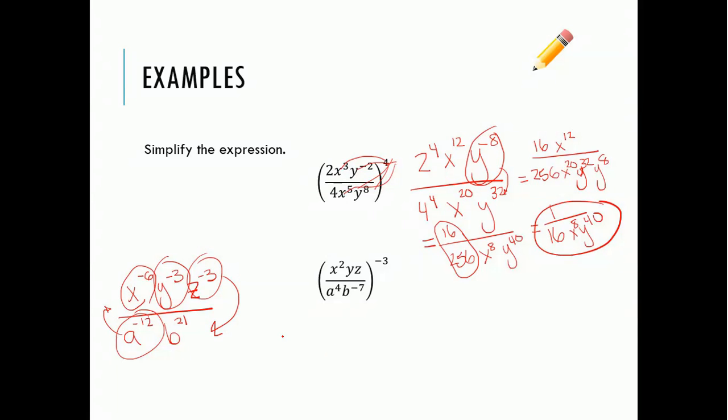All three of these guys are going to go to the bottom. So I'm going to be left with a to the 12th up there, right? Then I have x to the 6th, y to the 3rd, z to the 3rd, b to the 21st. Do I have any numbers to simplify? Doesn't look like it. Do I have any duplicate variables? No. That's got to be done. That's the end. That's the problem.